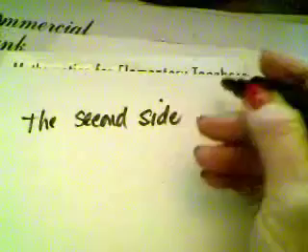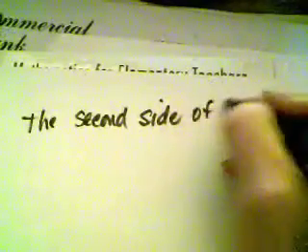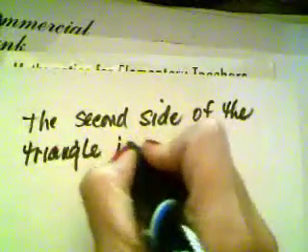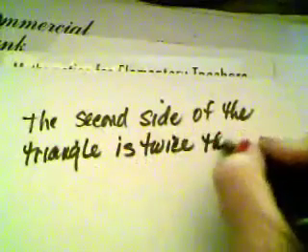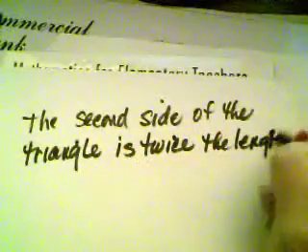It says that the second side of the triangle is twice the length of the first.